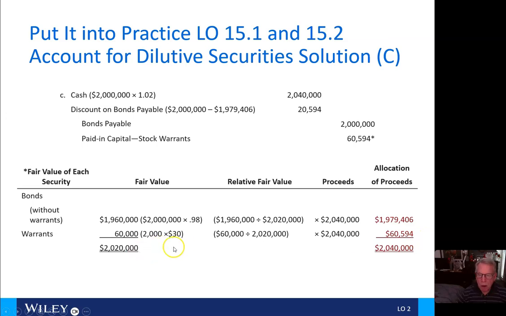And so the fair value of 2,020,000, now we are able to allocate that up to 2,040,000. So that difference of 60,594 we're showing here in paid-in capital for stock warrants.